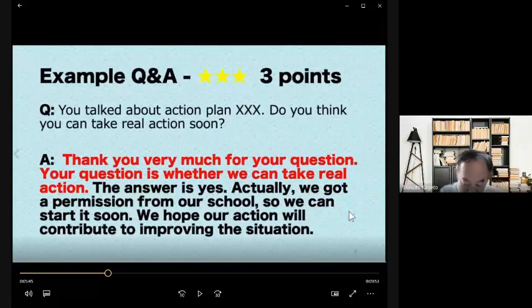So we'd like to start the question and answer session for the success of the World Youth Meeting. Any question will be welcome. Up to today, we have had several seminars, including how to make an effective presentation, how to carry out a Q&A session, and also the criteria of the presentation.